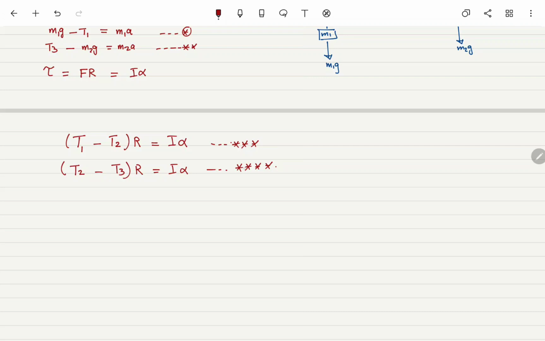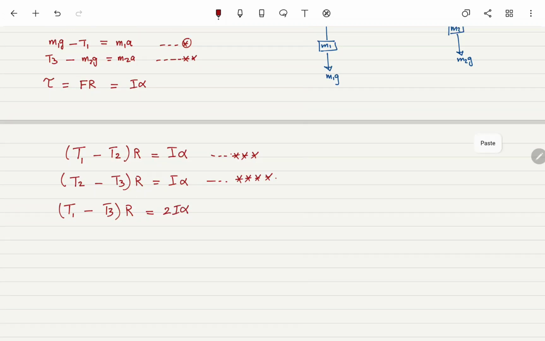Now by adding equation 3 and 4 together, we will find out that T1 minus T3 times R equal to 2I alpha, and if we add this equation and this equation here, you will find out that T3 minus T1 plus M1G minus M2G equal to M1 plus M2 times A. Just rearrange this equation here.